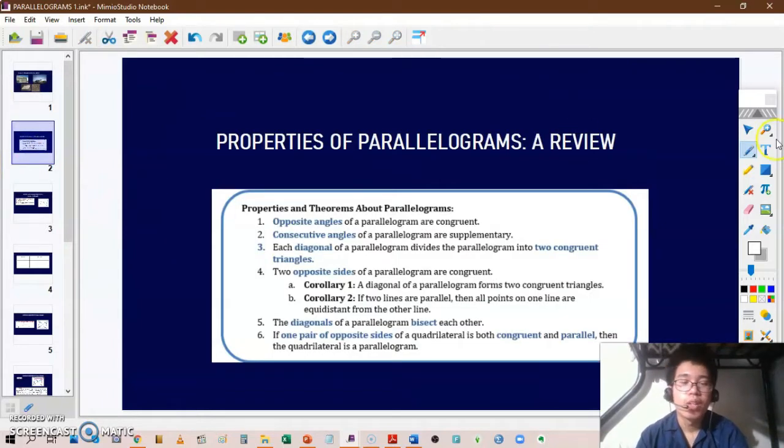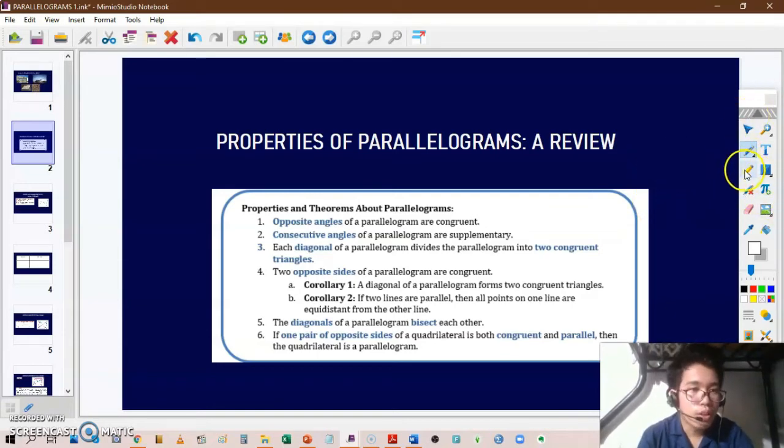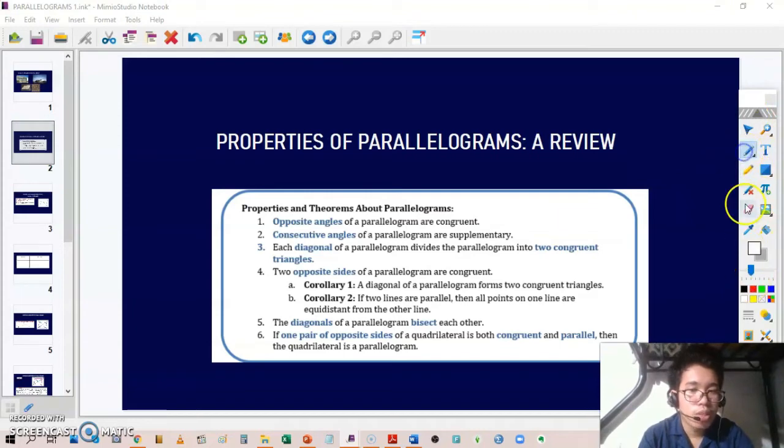Here are the properties of parallelograms. We've already reviewed these, and you've been acquainted with them, so let's review some of these properties and see how we're going to prove them using two-column proofs in our lesson. The first one: opposite angles of a parallelogram are congruent.